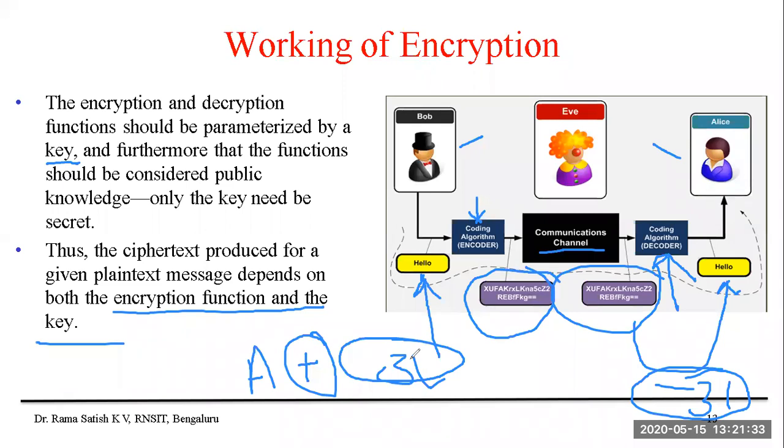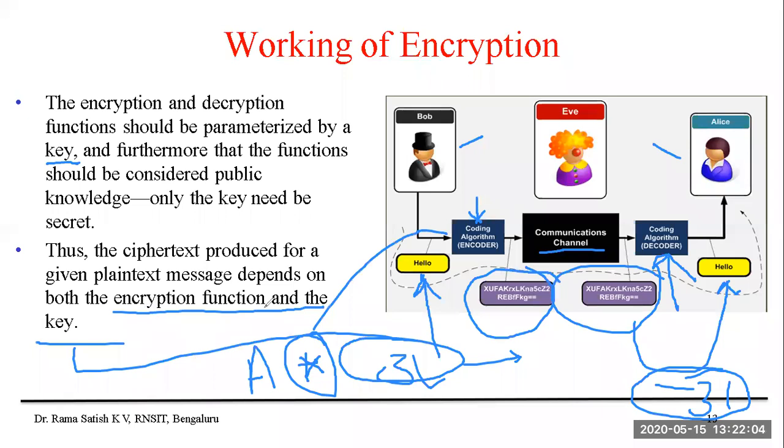I can certainly do some other operations also. Instead of adding, I can multiply 65 by 31, get some other value, and transmit it. What operation I'm doing, that is your algorithm. Algorithm is nothing but what operation. And the value you are using for that operation is what your key is about.